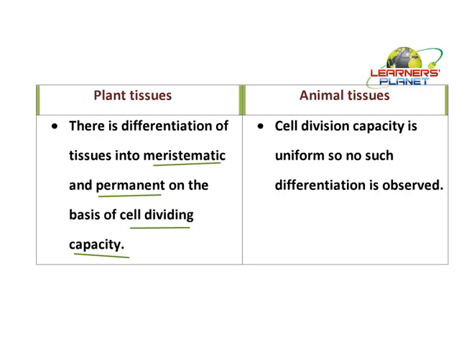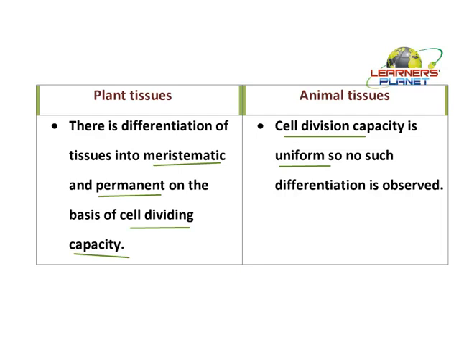Now such a property is not actually present in the case of animal tissues. There is no such criterion with respect to cell division so as to differentiate them into various groups. Rather, in this case, the cell division capacity is uniform. All cells have equal capacity for cell division. Why?